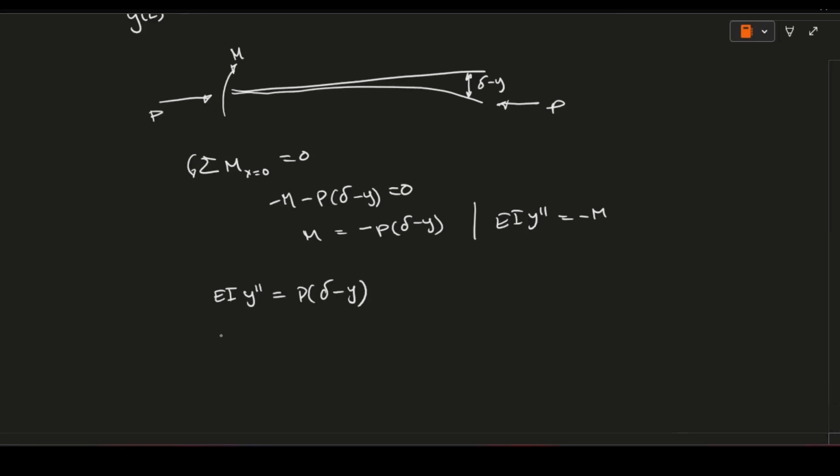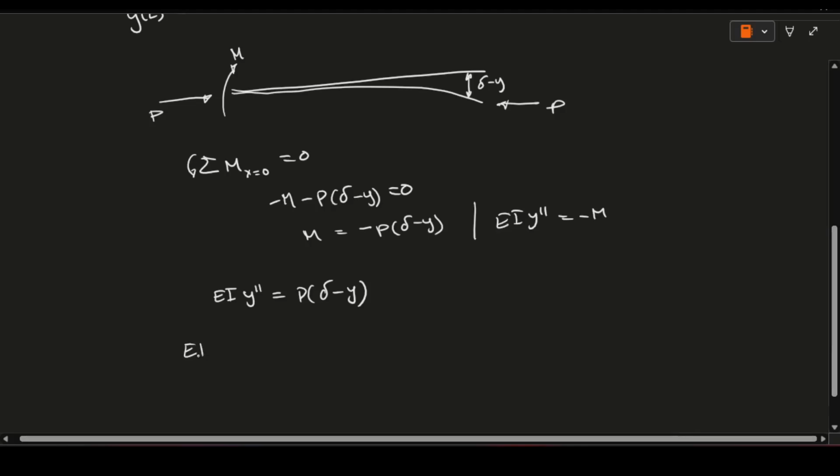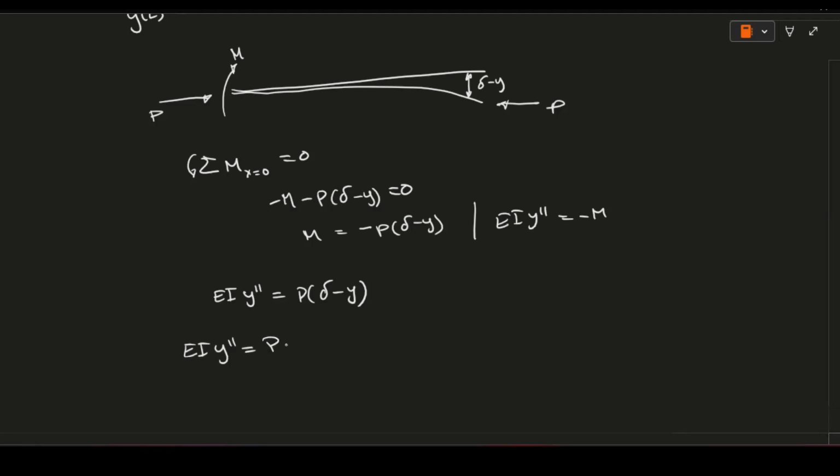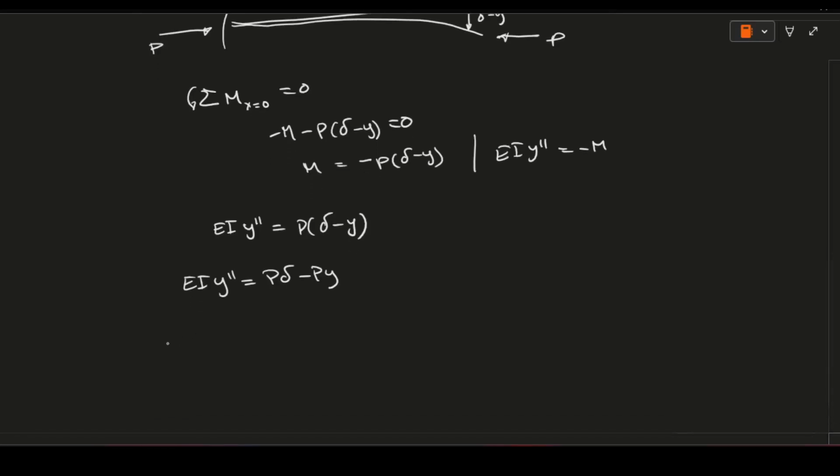So we have EI y double prime is equal to P delta minus P y.